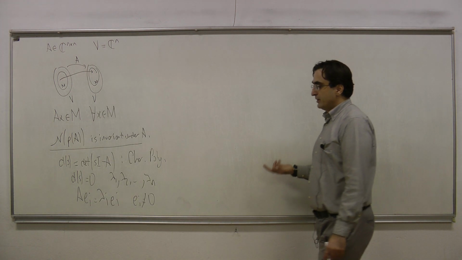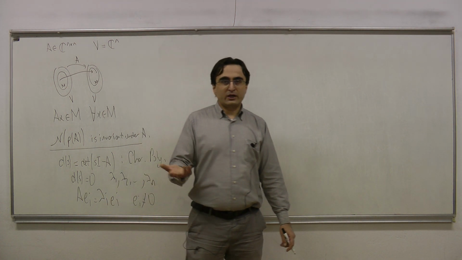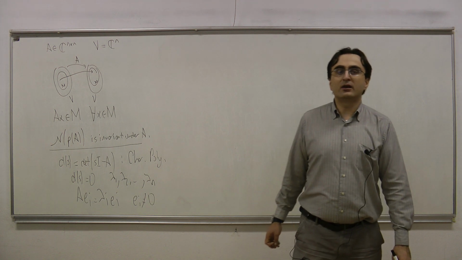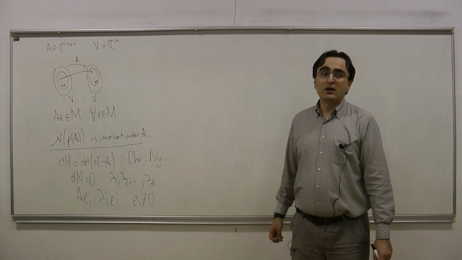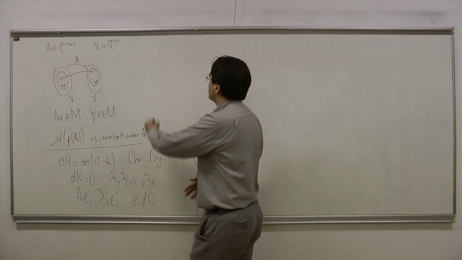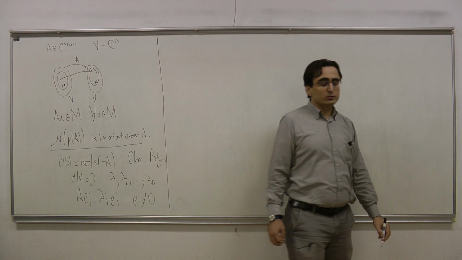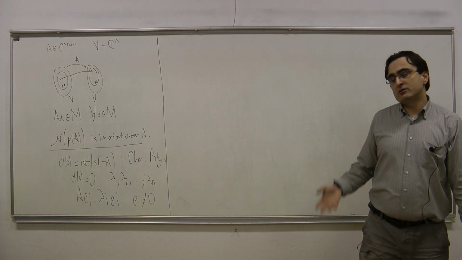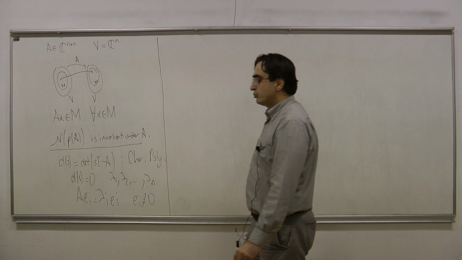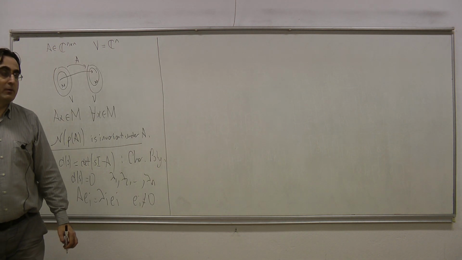Eigenvectors are by definition non-zero vectors, and for each eigenvalue there should be at least a single eigenvector. So we have these concepts now, and we can use them in order to obtain some simple matrix representations for linear transformations.